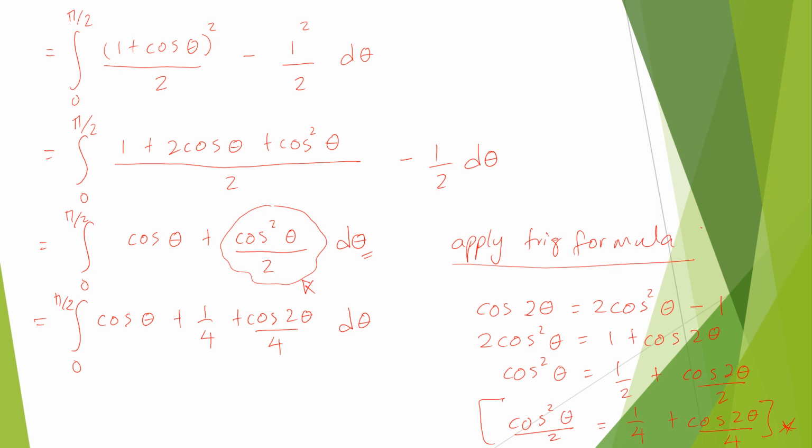Next we are going to integrate directly from here. Cos theta integrated with respect to theta is sine theta, plus 1 over 4 theta, plus sine 2 theta over 4 times 2, which is 8.